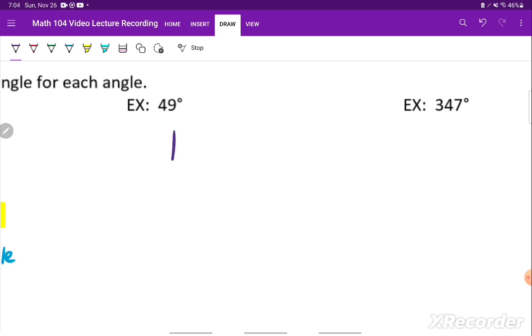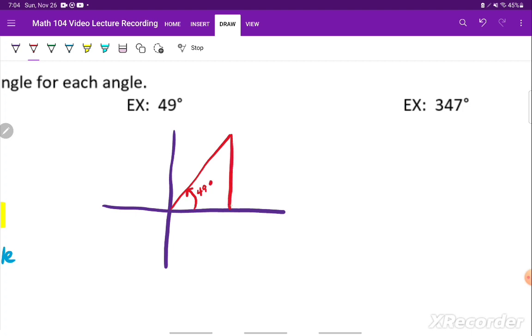Next we have 49 degrees. This angle will be in quadrant 1. I'm going to drop a perpendicular to the x-axis, and then our reference angle is going to be the angle inside our triangle adjacent to our origin.